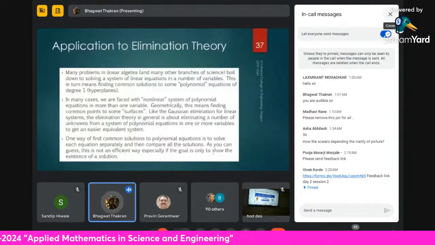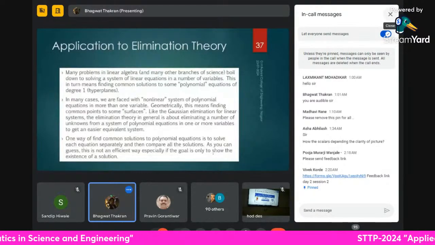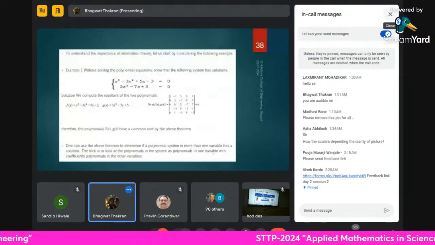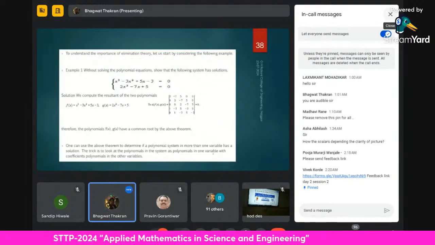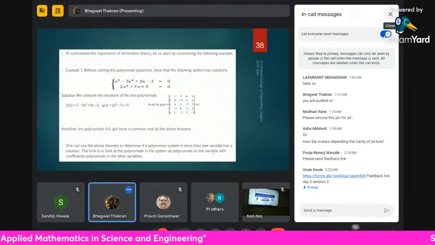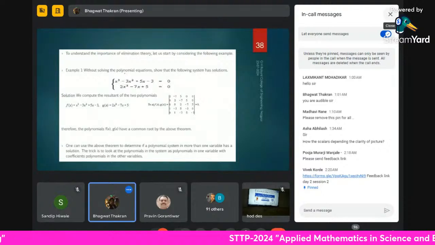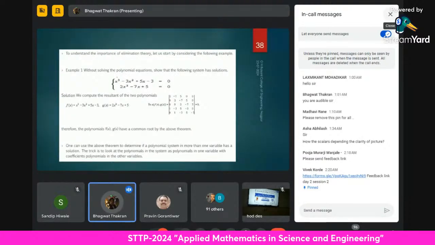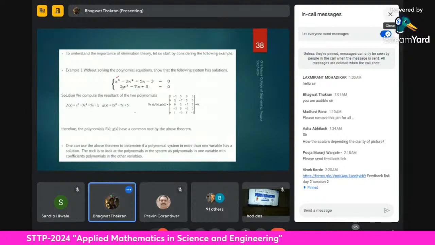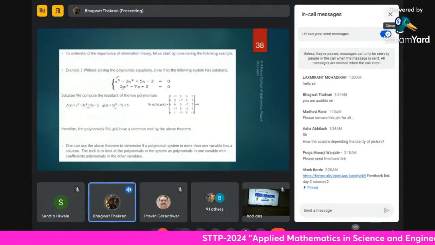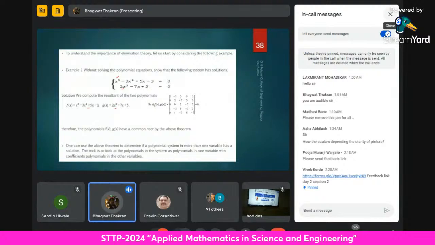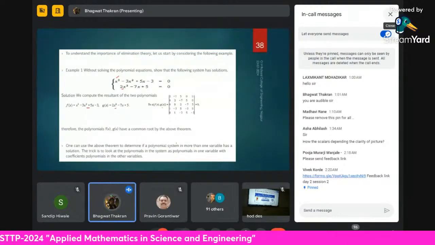There are some applications in elimination theory also. How we can eliminate, or how we can find the solution of some polynomial equations, right? So solving polynomial equations having degree 3 and degree 2, all we need to do is compute the resultant of these two polynomials, and the resultant of these two polynomials means the determinant.